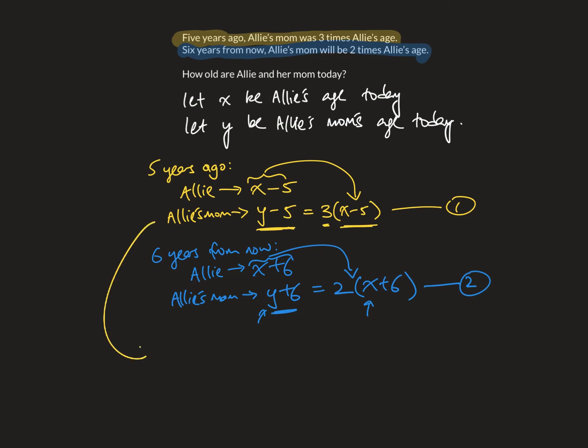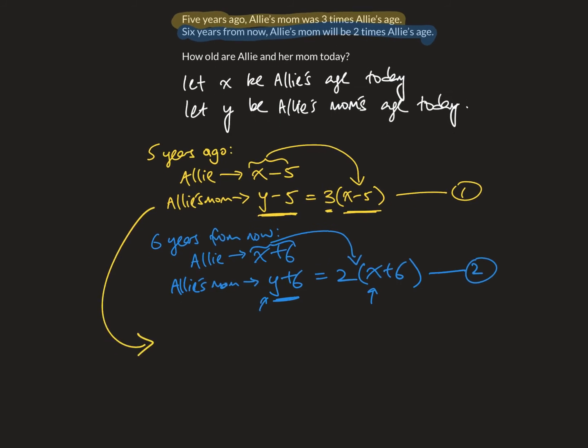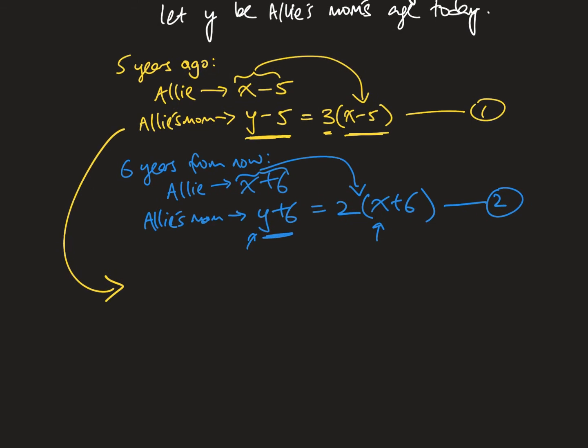So let's take it from here and simplify. From equation 1, we have y minus 5, let's just expand, 3x minus 15. And then from equation 2, we have y plus 6, and we expand, 2x plus 12.